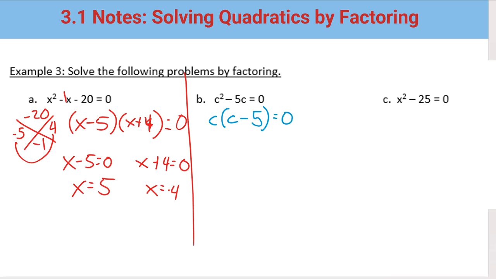So I get c times the quantity c minus 5 equals 0. So I'm going to split this. I know that c has to equal 0, or c minus 5 has to equal 0. And then I solve this one, right? Add away the 5. So there's my solution.